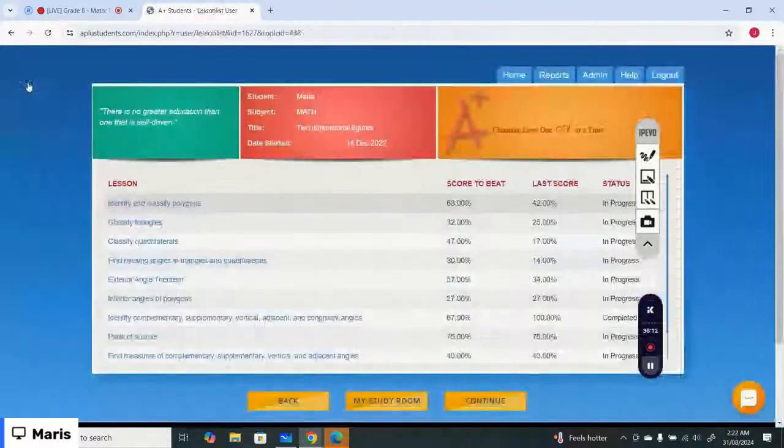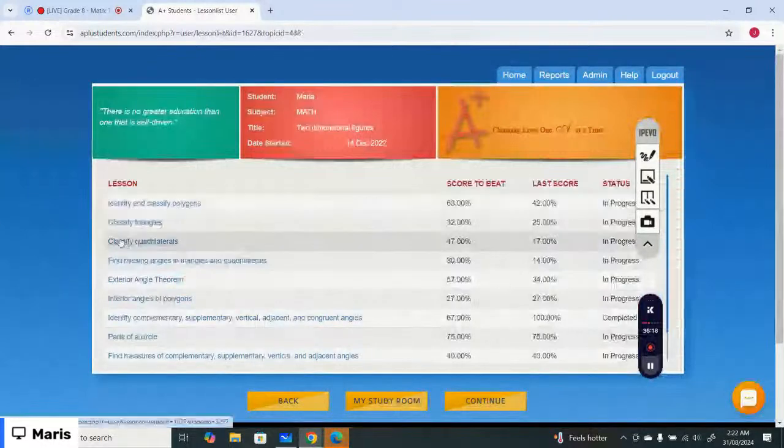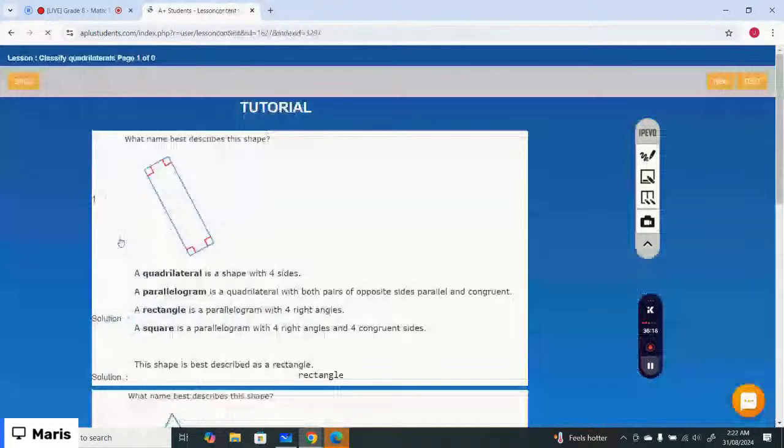And the next lesson is classify quadrilaterals. Let's just start with the lesson. Okay, what name best describes this shape? Is it quadrilateral, parallelogram, rectangle, or square? The given shape is the rectangle.